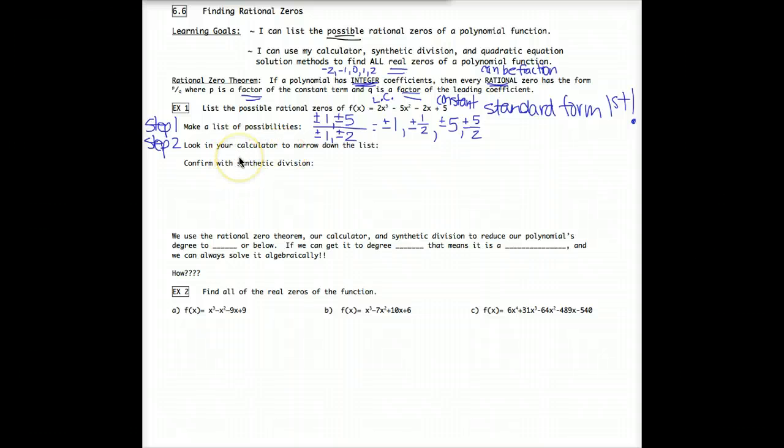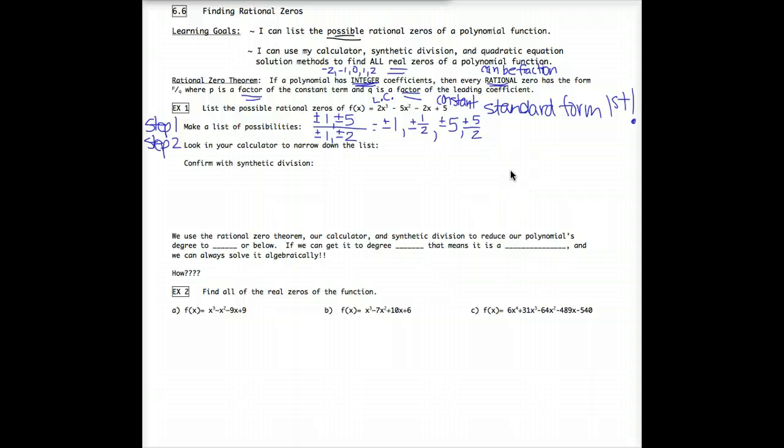So we look at the graph. We're going to graph this in our graphing calculator. We're going to type in our function, 2x cubed minus 5x squared, and then our minus 2x, and then our plus 5.